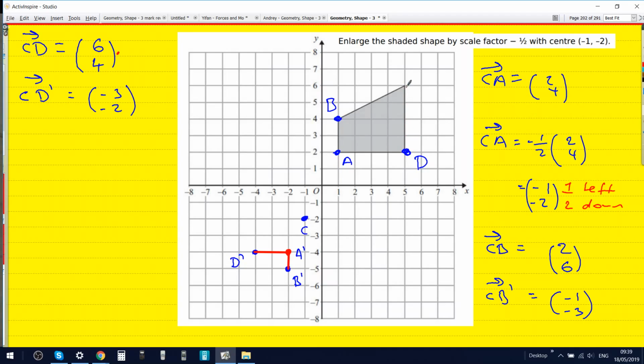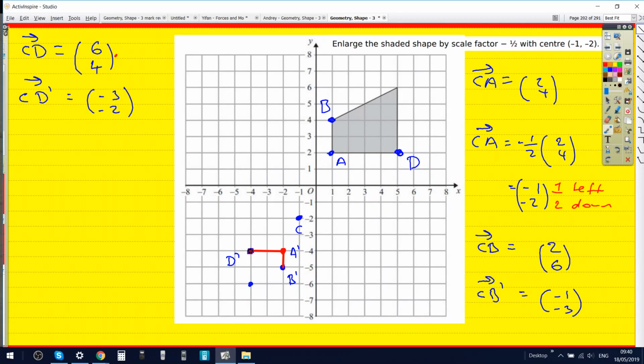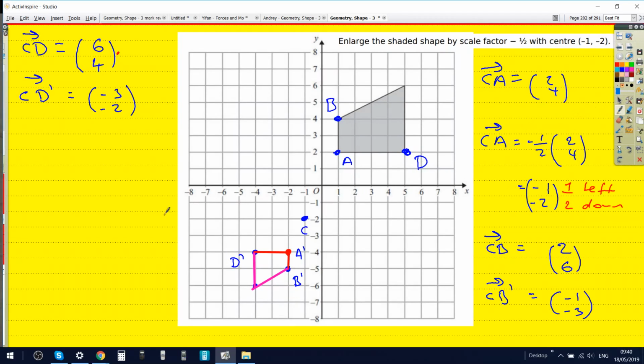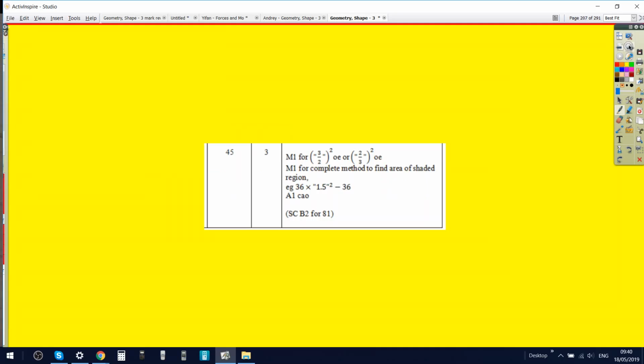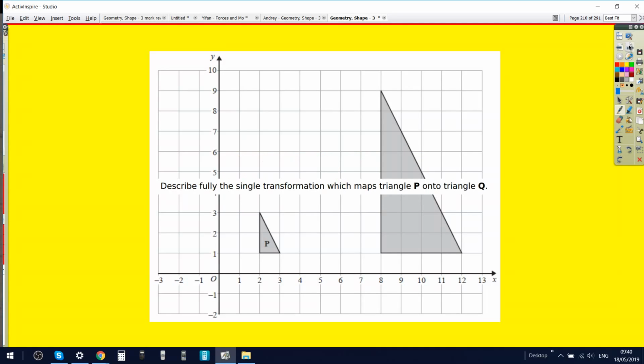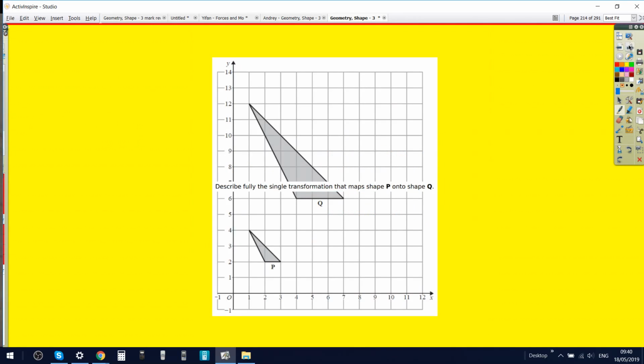So that one is 4 up from D. So this is 2 down from D. Yeah. I need to join those up. It's all backwards because it's minus. Yeah. Any questions there? No. Okay. So I think, yeah, go there. So that's similar. I'll get to that in a second.